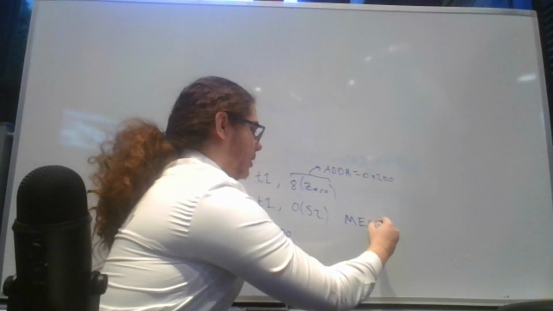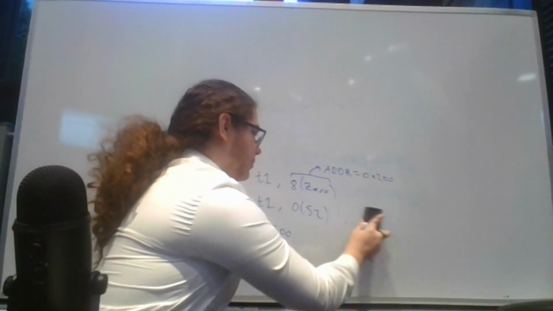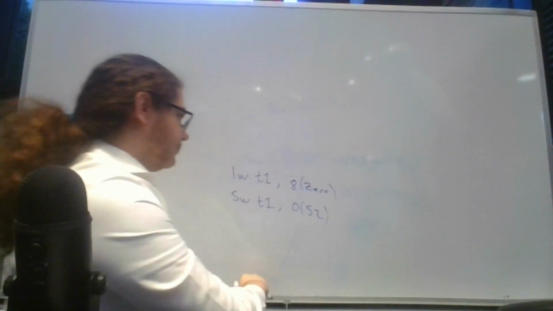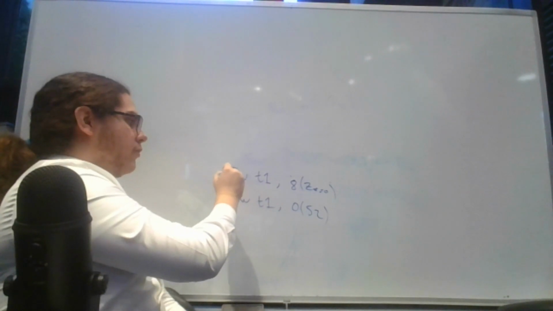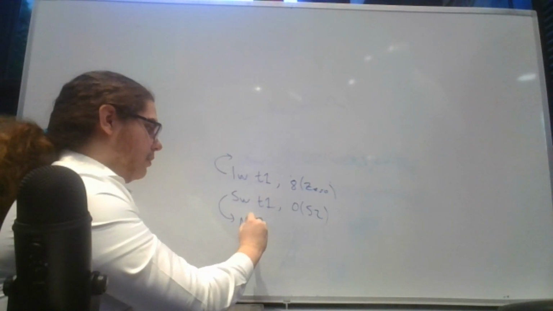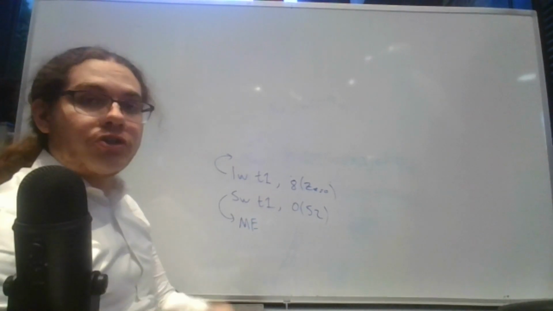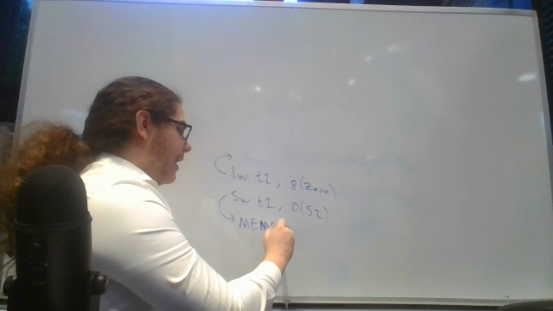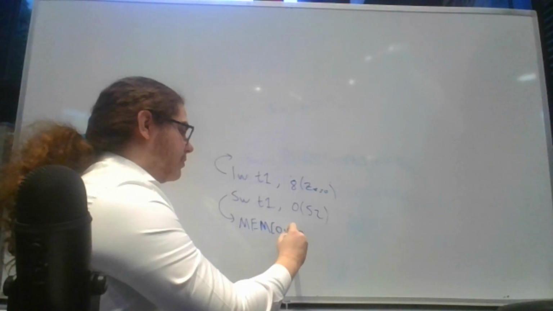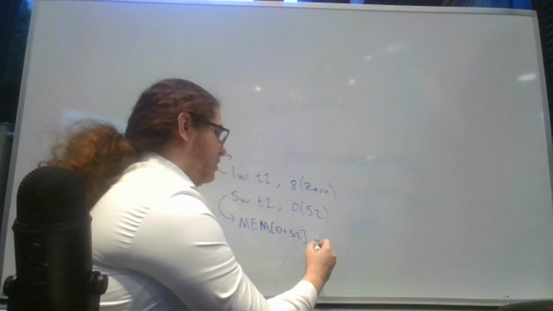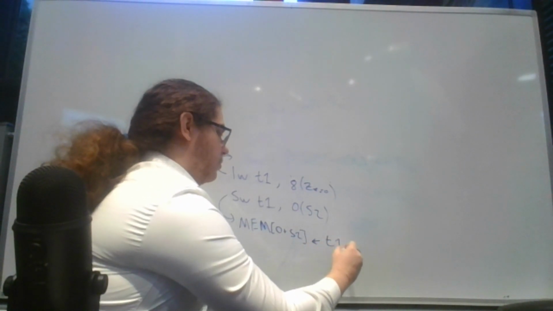So for load word and for store word, another way you can write it looks like this. For store word, you're changing the value at memory. So you can say the memory at address 0 plus whatever the value of s2 is receives the value stored in t1.